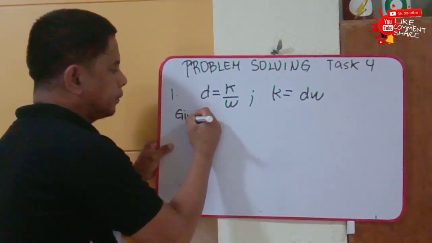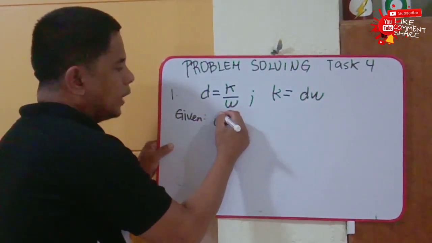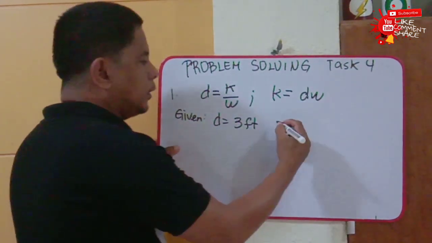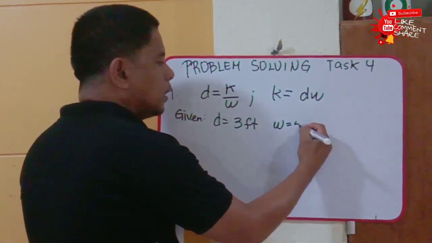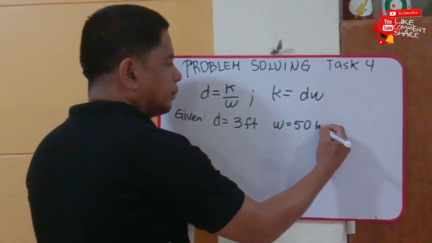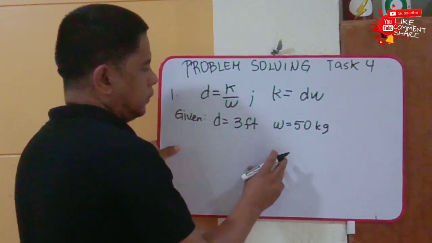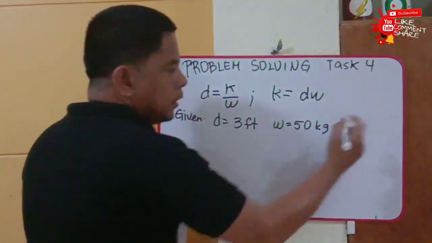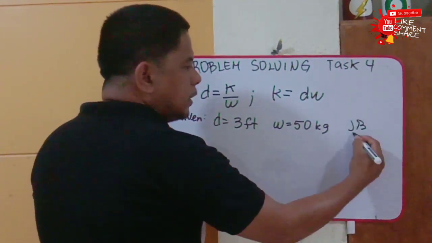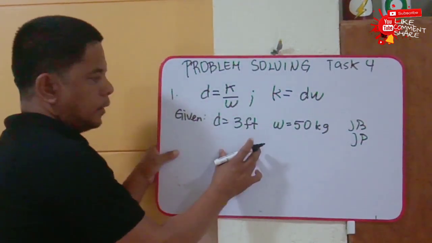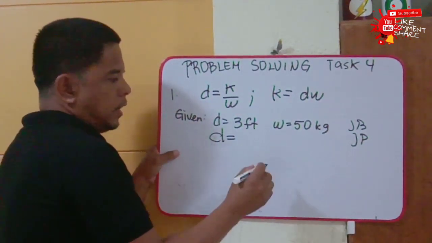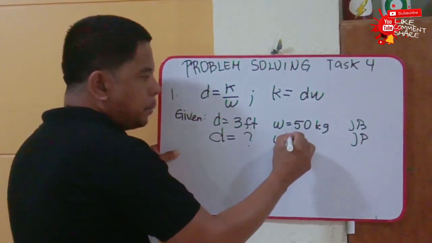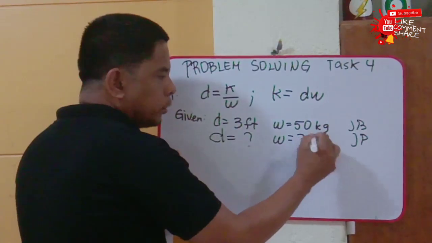So, given, ang D natin ay 3 feet at ang weight natin ay 50 kilogram. Okay? So, next naman natin, ito ay si JB. Si JP naman, ang tinatanong ay distance niya from the fulcrum at may weight si JP na 30 kilogram.